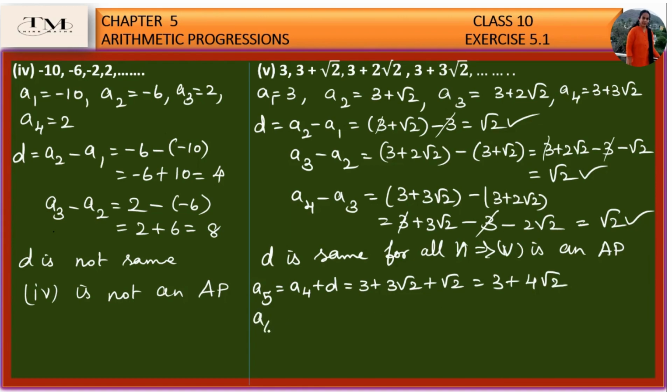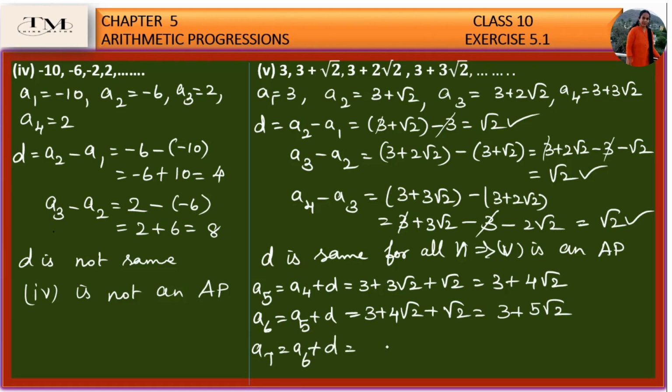Next term is A6. Previous term is A5 plus common difference D. So A5 is 3 plus 4 root 2 and D is root 2. So it will be 3 plus 4 root 2 plus 1 root 2. So 4 plus 1 it is 5 root 2. Next A7 is previous term A6 plus D. What is A6?